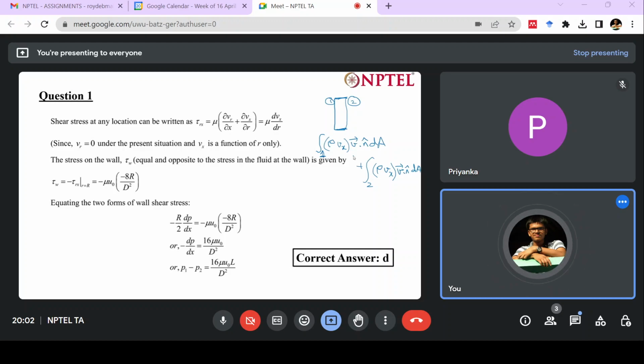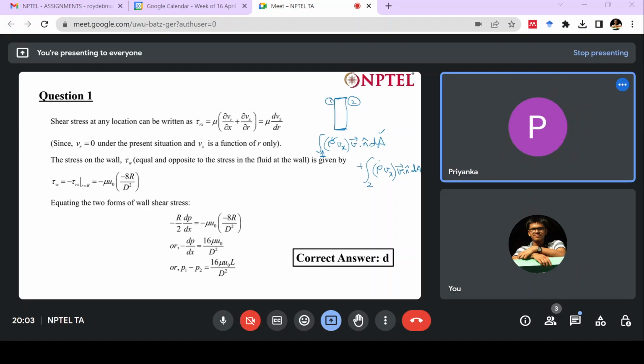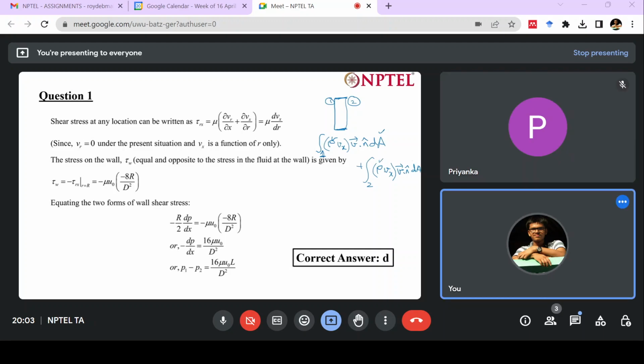Rho is the same, dA is the same, right? Yes, sir. The Vx expression is also the same. Both of their expressions are u0 times 1 minus r square by d square by 4, right? So this is not dependent on area, so this will come out.